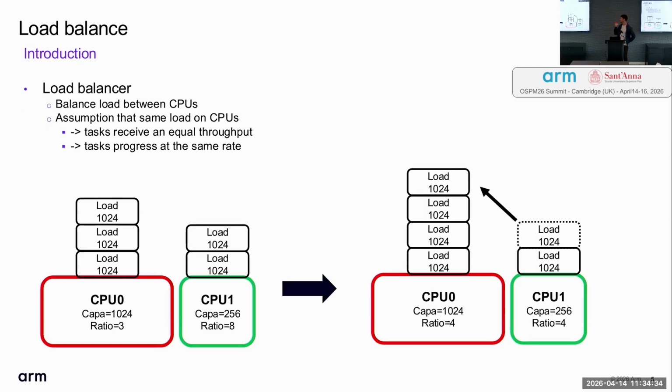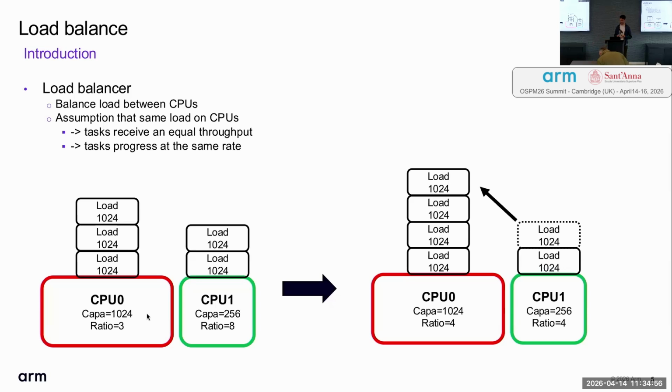So the goal of the load balancer in this scenario, when you have more tasks than CPUs, is to try to balance the load between the different CPUs regarding the relative capacity of each CPU.